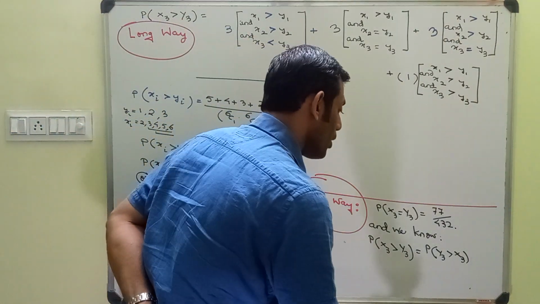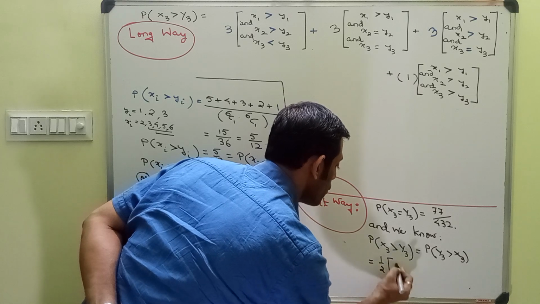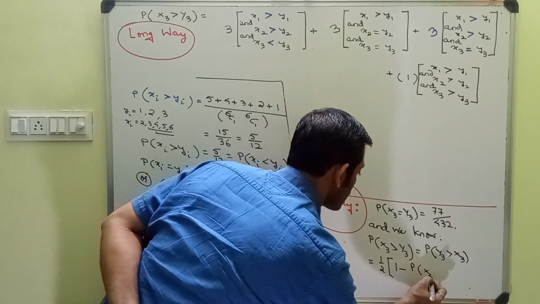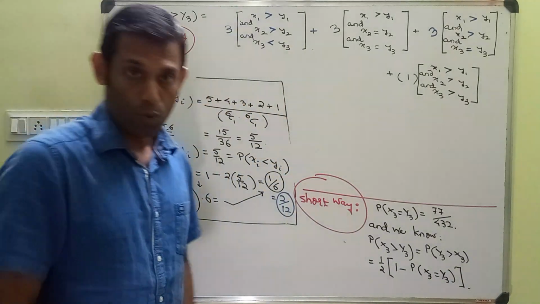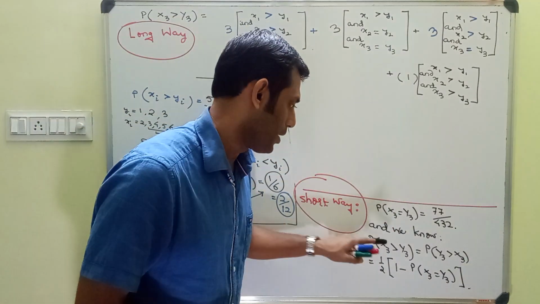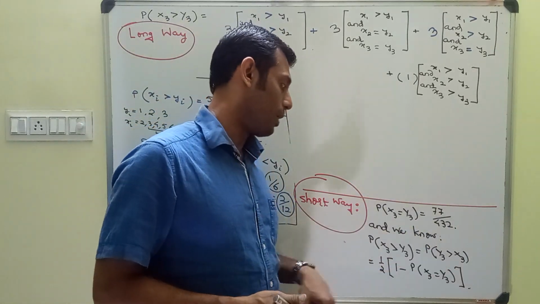That is equal to half of 1 minus probability of x3 equal to y3. Consider this. The total possible cases, case 1, case 2, case 3, all total added is equal to 1, but these two are equal.